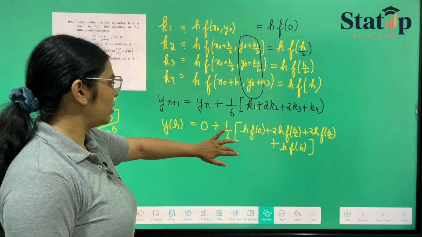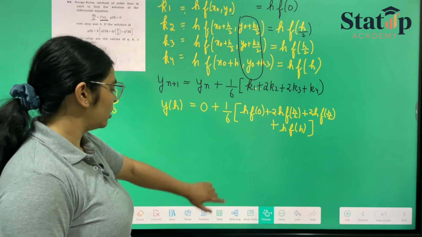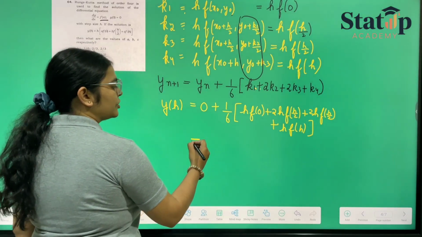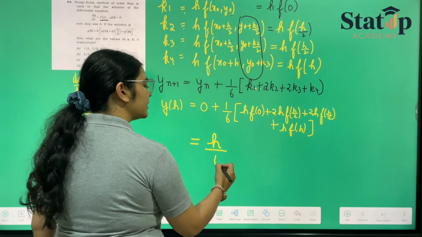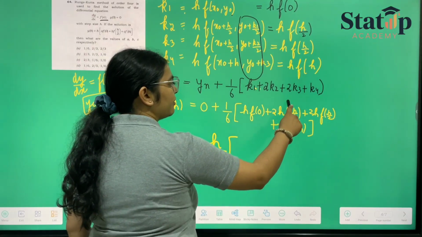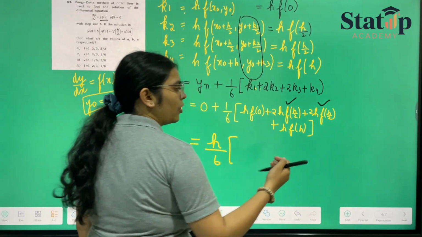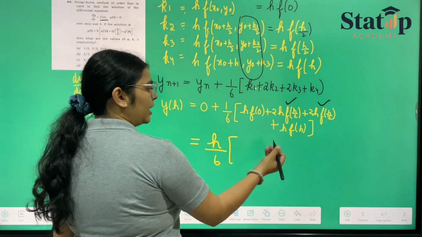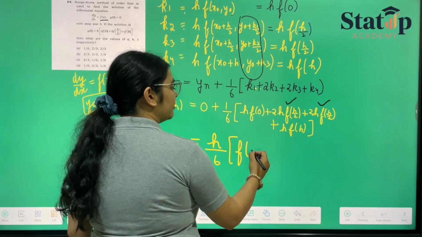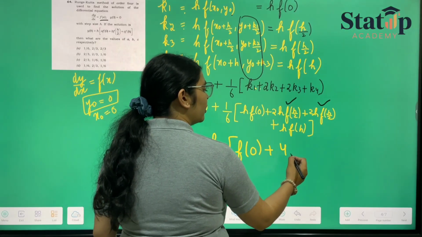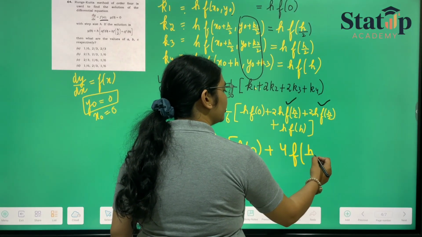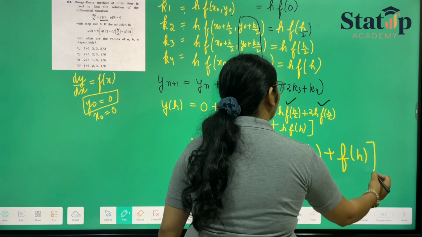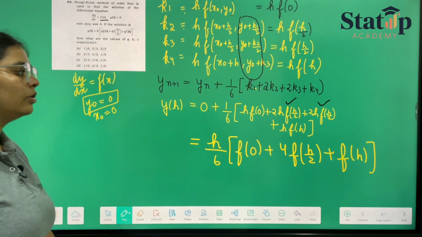Okay. Now I will take the h out from here. It will be h by 6. And since this f(h/2) and f(h/2) have equal variables, we can combine them. It will be f(0) plus 4 f(h/2) plus f(h), and the variable h has been taken out in common.